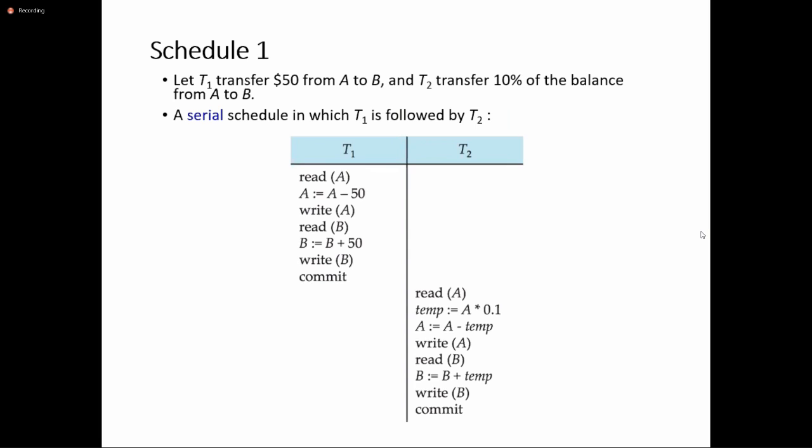But in the earlier transaction, A was the 855 balance and B was 2,145. That is because different transactions happen in different schedules, in different periods. Okay, that is the serial schedule in which transaction T1 is followed by T2.